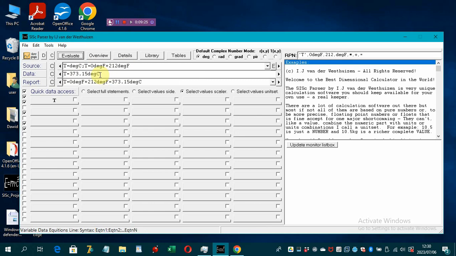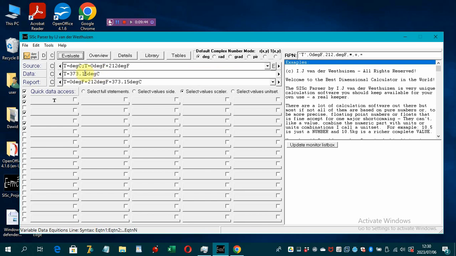If it was Kelvin, because degrees Celsius is relatively the same as Kelvin, that would be the boil point of water, so that is correct. So in relative degrees Celsius, 373.15 degrees Celsius is correct.